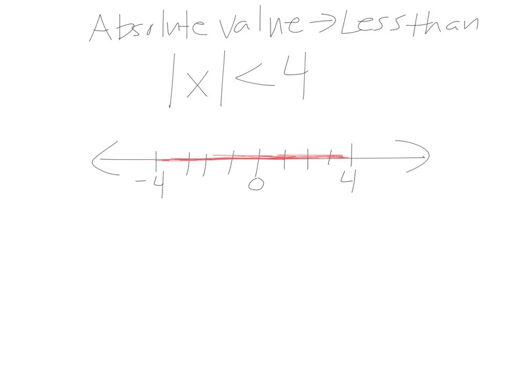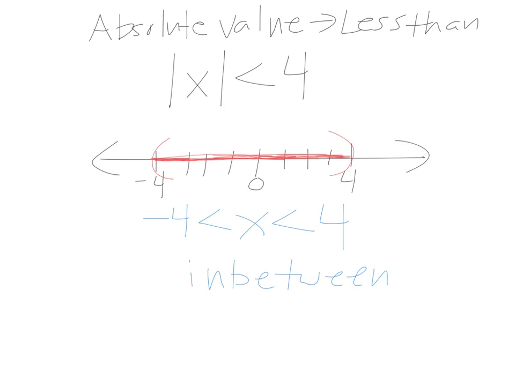My less than does not have an equal to, so I want parentheses on those numbers. So the way you show everything in between -4 and 4 is you write -4 is less than x is less than +4. So x is in between -4 and +4.